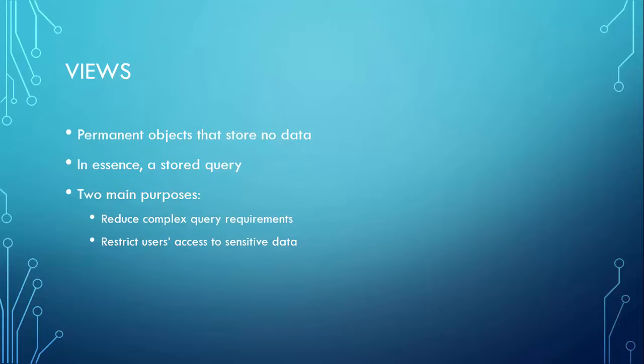We could write a view that shows only that directory information for employees, so their name, their work phone, their email address, their job title, and let pretty much everybody in the company have access to that data. However, then they don't see the social security number and the employee's home address and home phone, which is good because only a few people in the organization should be able to see those pieces of information. So views can be really helpful for allowing people to access some data from a table, but not everything.